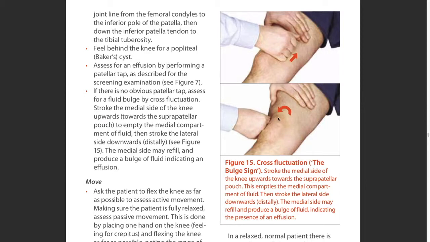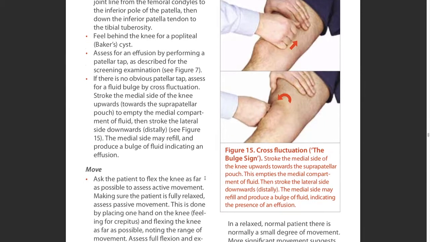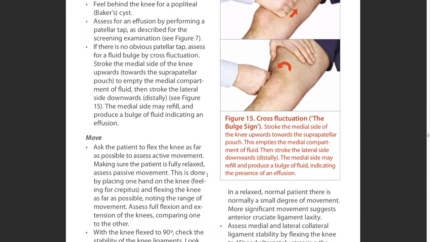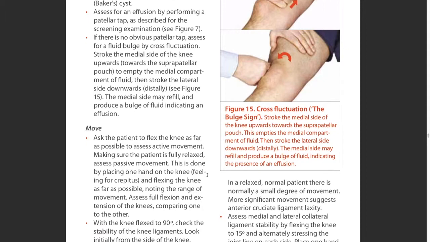Stroke the medial side of the knee upwards towards the suprapatellar pouch to empty the medial compartment of fluid, then stroke the lateral side downwards distally. The medial side may refill and produce a bulge of fluid indicating an effusion.